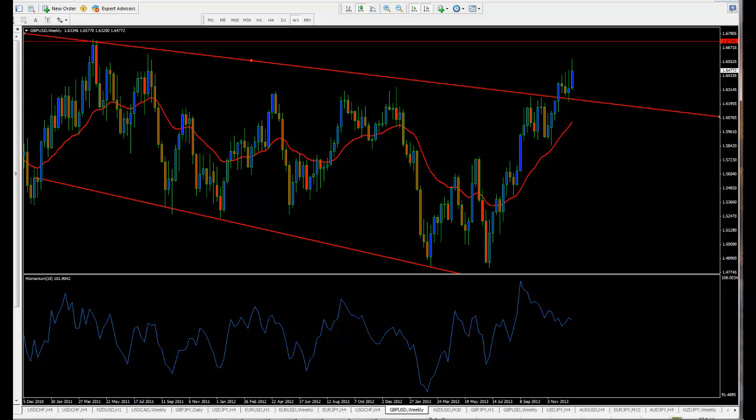I'm going to deal with divergence on the Aussie USD, but let me give you a preliminary on this. What I do for my beginner students to help them find divergence, this is a momentum oscillator, momentum 10, is go ahead and draw a vertical line where that oscillator starts going down, and see where the candles are still going up.